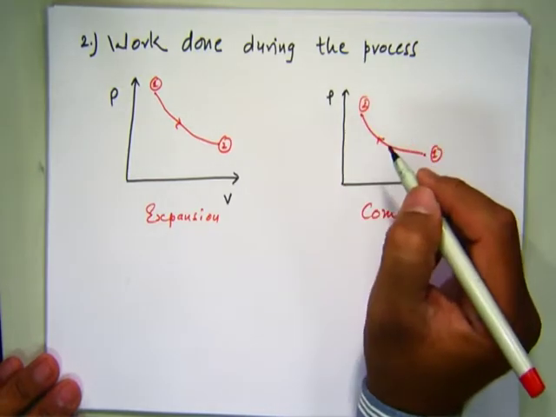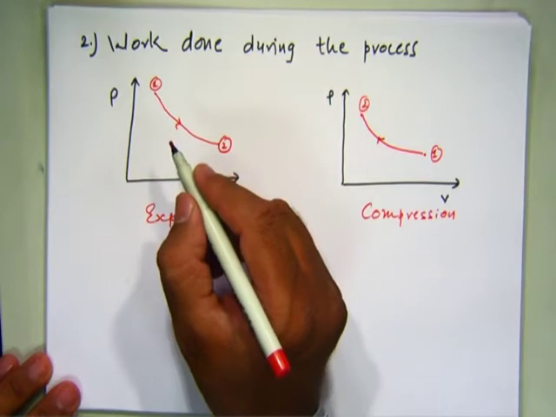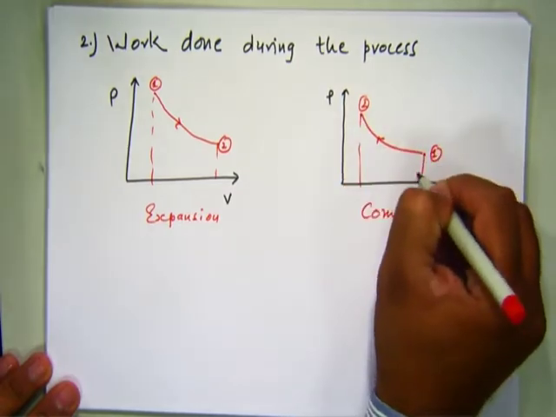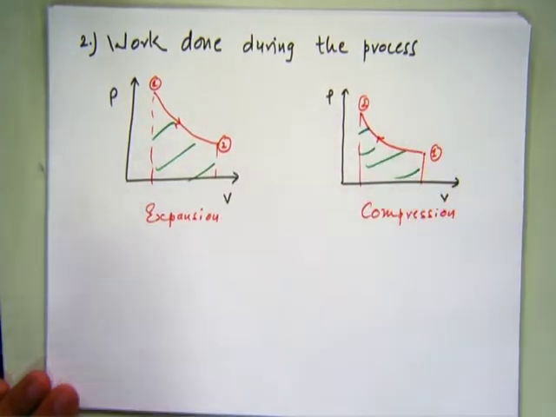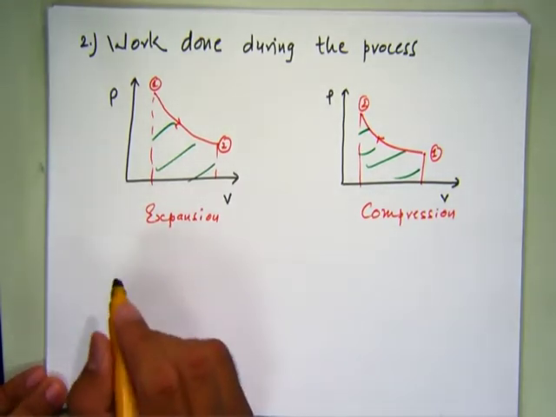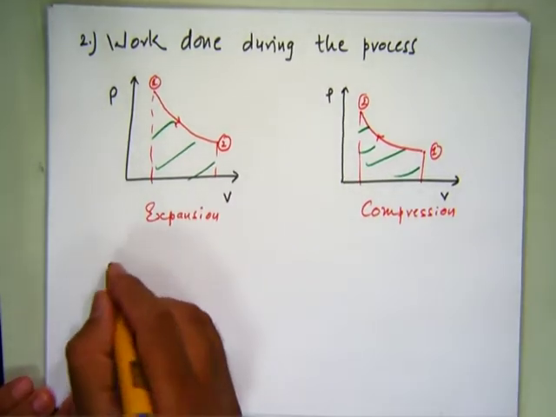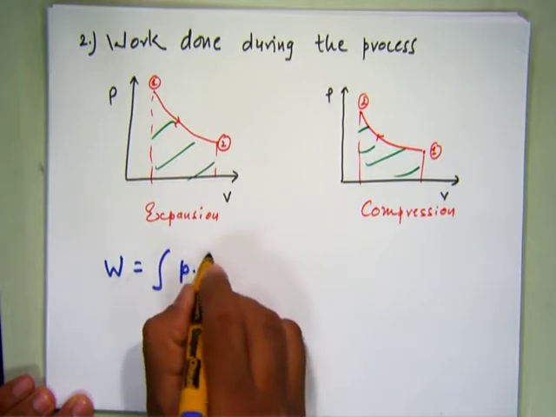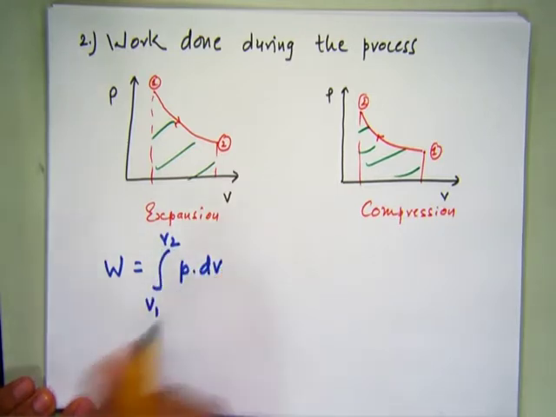The work is the area below this curve. So the work done W is the integral of P dV from V1 to V2.